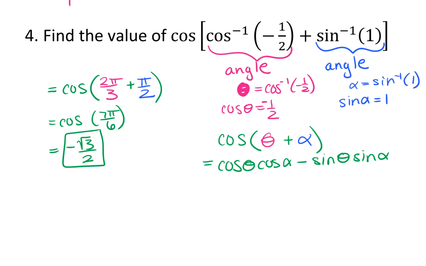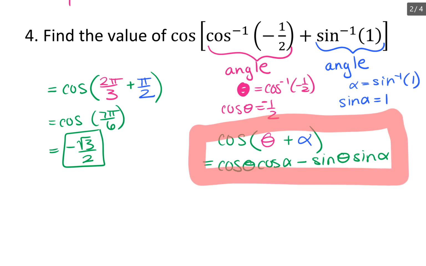So it turns into a problem just like we did in number 3. You could draw your triangles, though since they are unit circle values, we wouldn't necessarily need them, but you'd get the same answer of negative root 3 over 2. And this is the connection that we're going to make. We're going to use this idea for when they're not unit circle values to do the next problem.